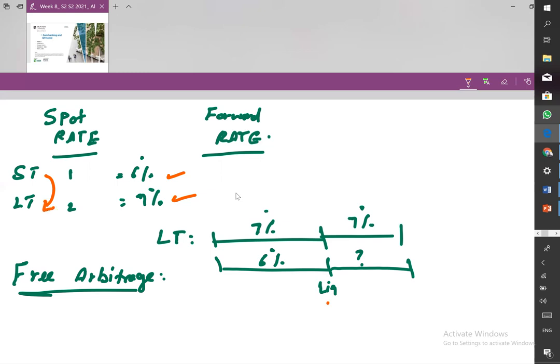So if somebody says, okay, I will invest for 1 year and liquidate and get the 2nd year, I may get more return and defeat these returns of 2 years. They cannot do that. The assumption is here.